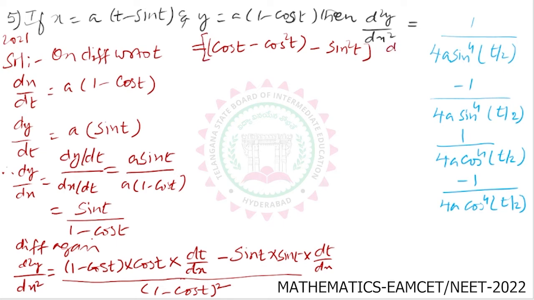If I take out common, this will become dt by dx whole divided by 1 minus cos t whole square.